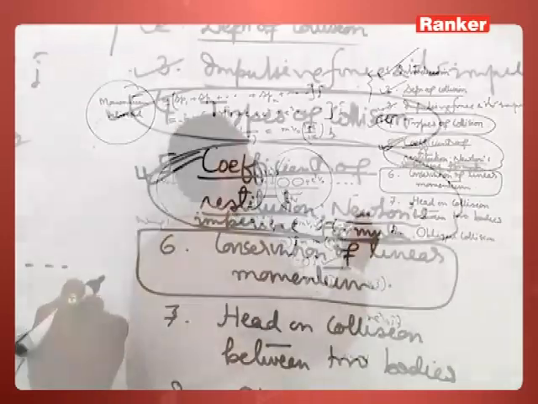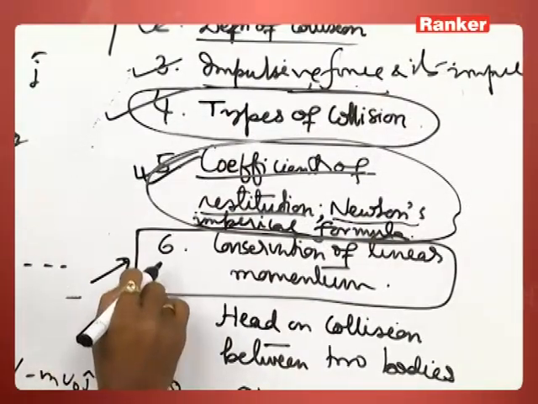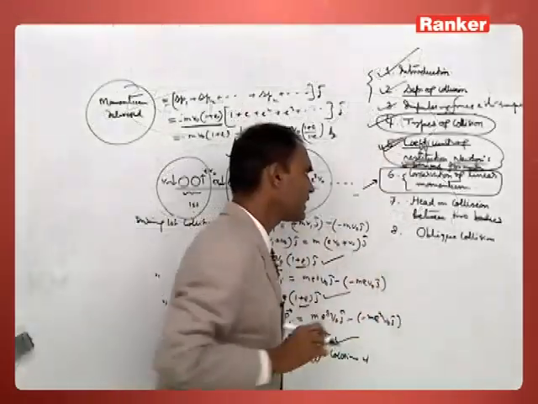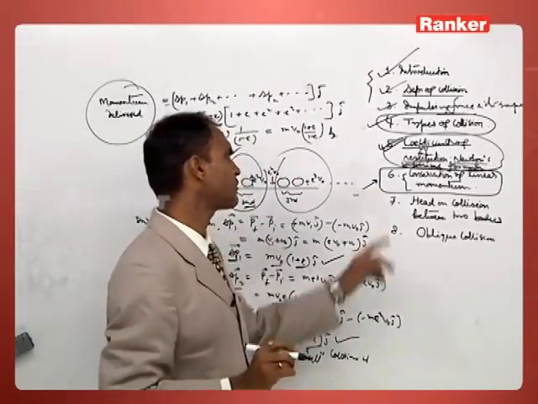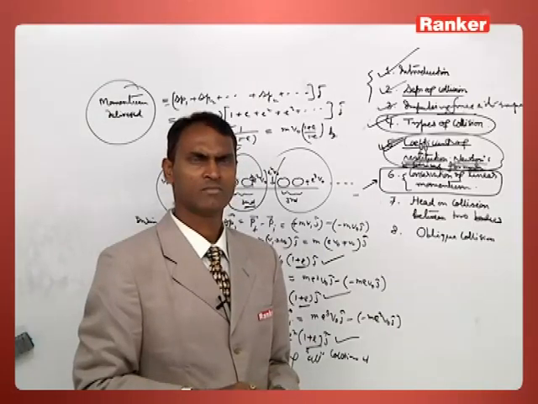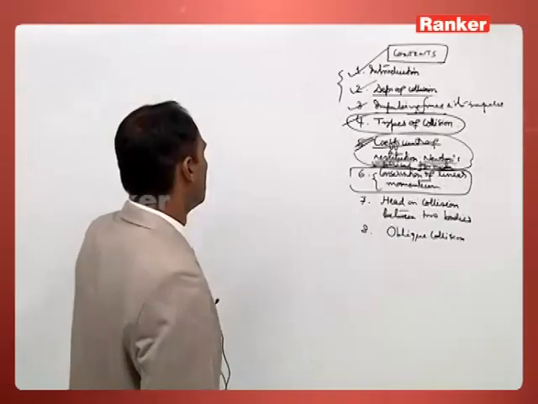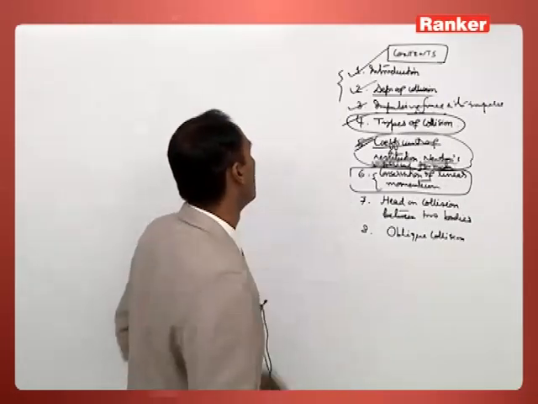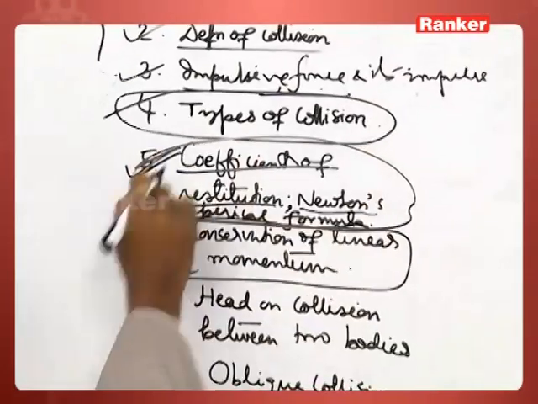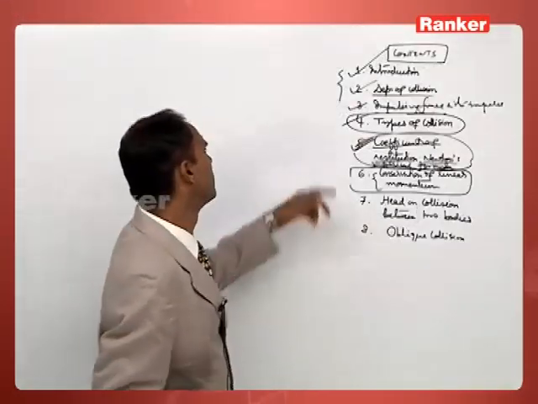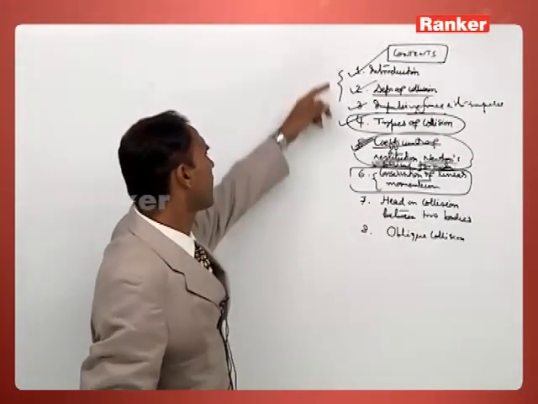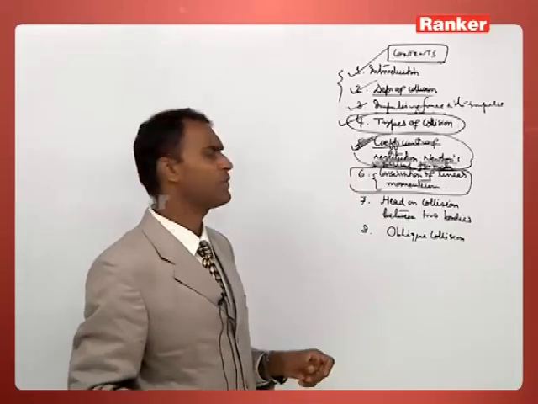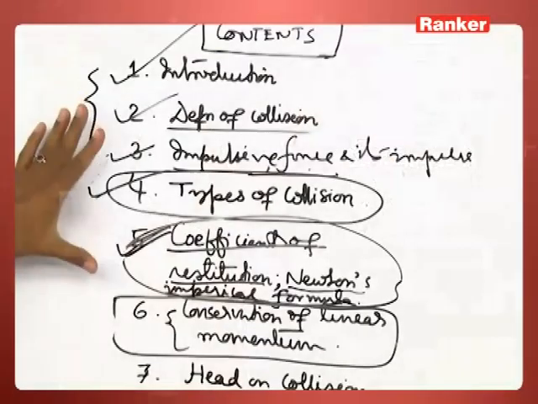And before that, we would like to re-explain the conservation of linear momentum during the process of collision in this context. Well, we have completed the first 5 concepts, the first 5 contexts we have already discussed.